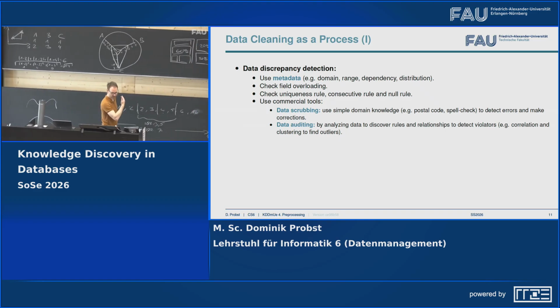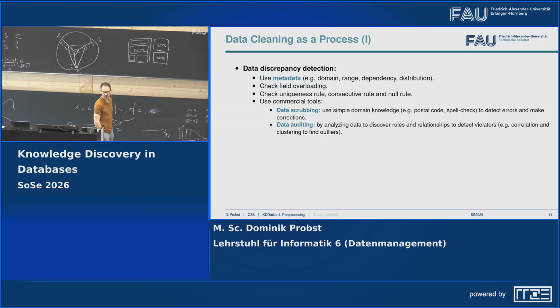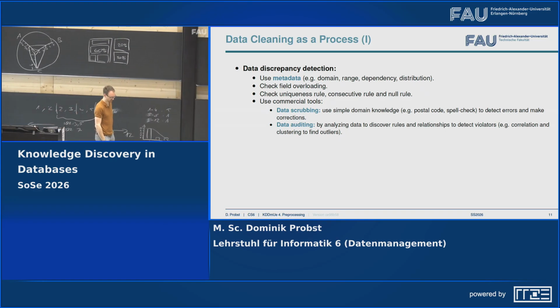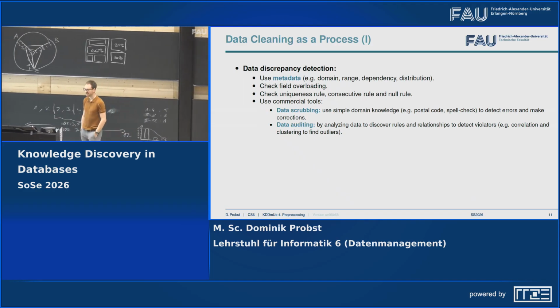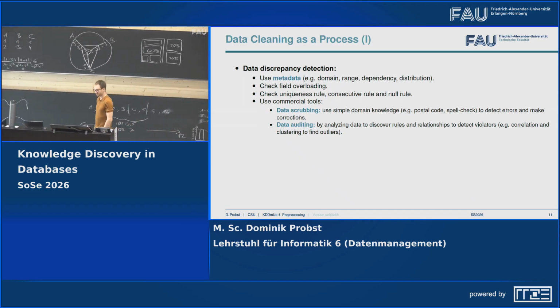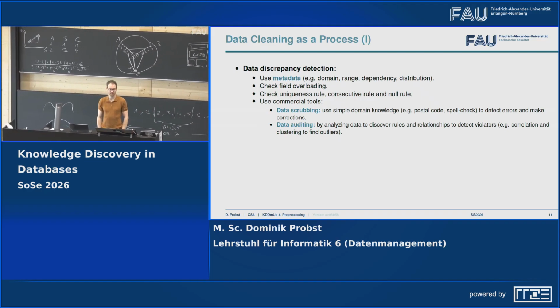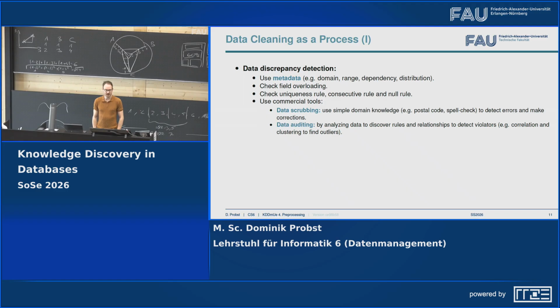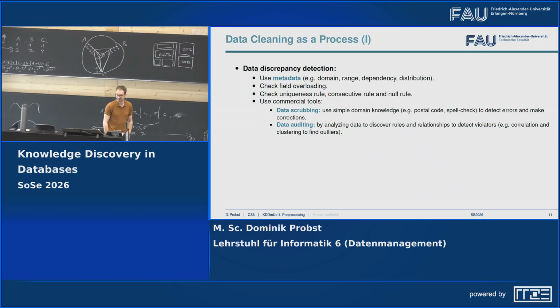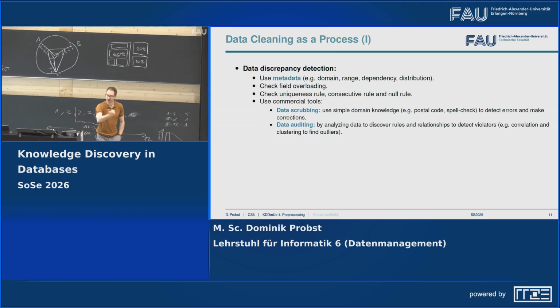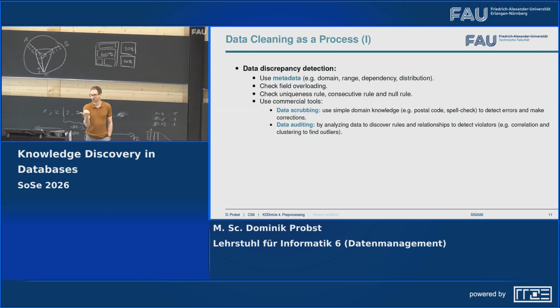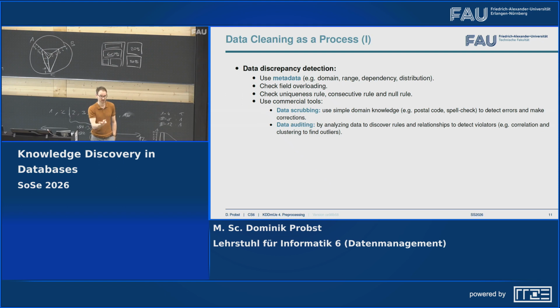If we know about these things, we can now talk about data cleaning as a process. Where we first, of course, have to find problems in our data. To find problems in our data, we can, for example, use metadata. So, for example, our quartiles, our outlier detection, are automated.